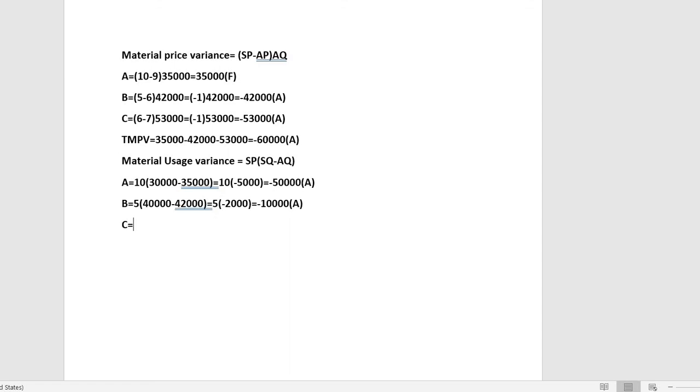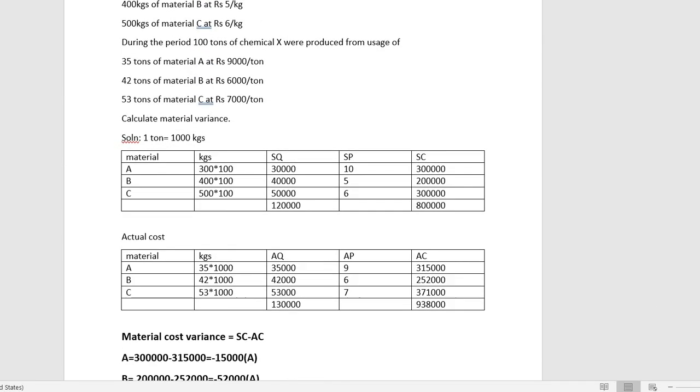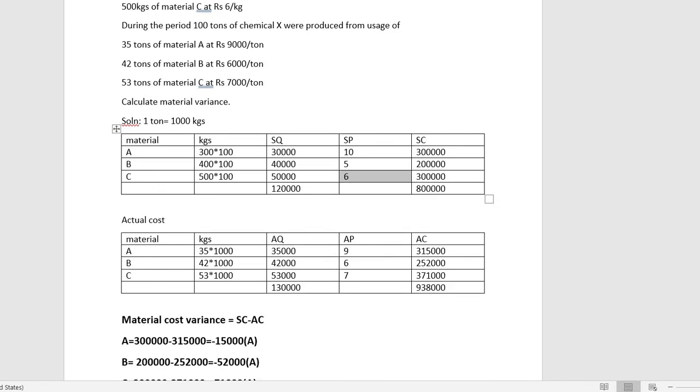Next, for material C, the standard quantity is 50,000, actual quantity is 53,000, standard price is 6 rupees.